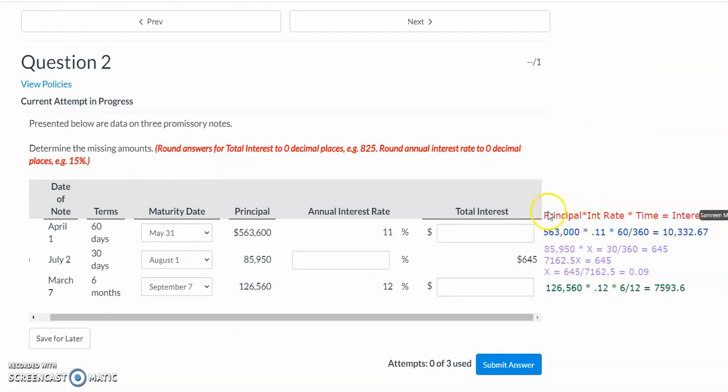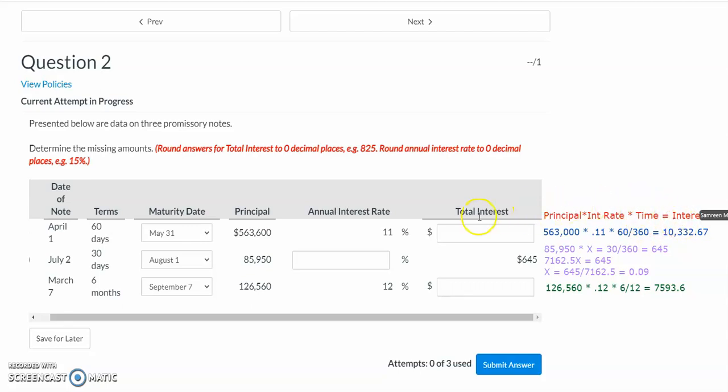Now we're going to go ahead and compute the missing pieces for this part of the problem. So basically, to compute the interest, you're going to take the principal, which is the amount of the notes receivable in this example, times the annual interest rate, times the period of time in terms of days or months, and you're going to get to your interest amount.